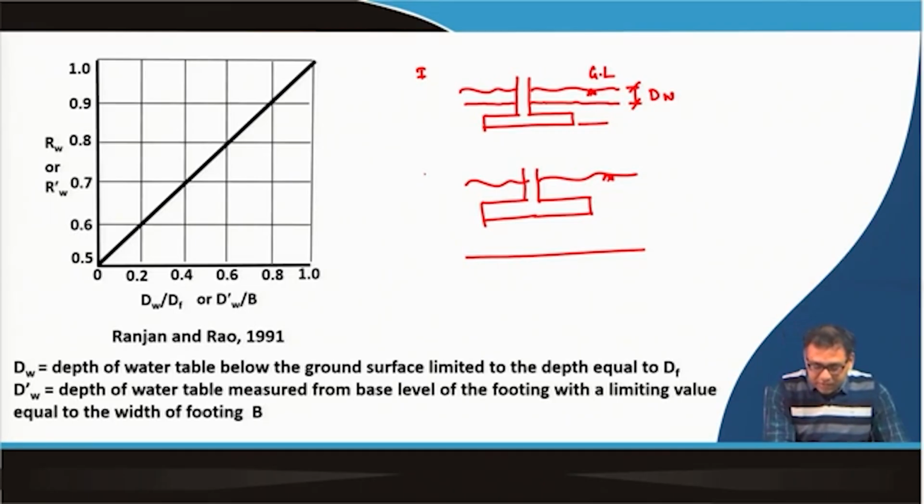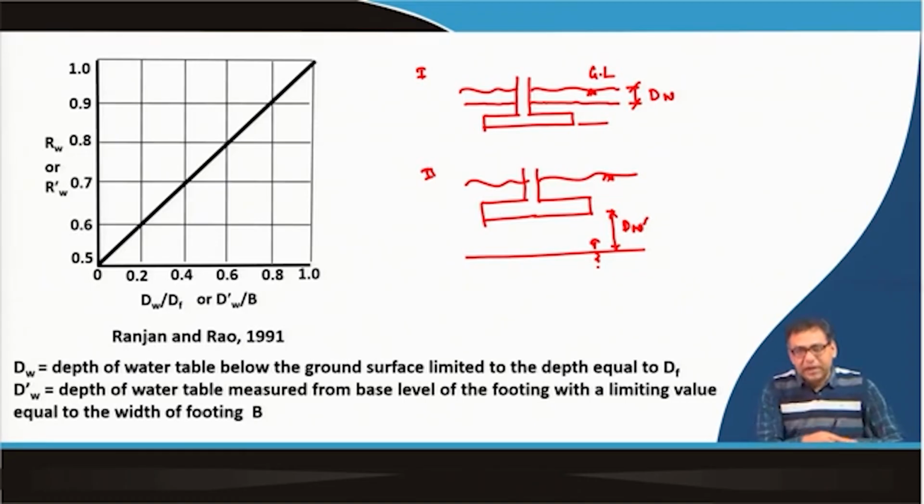So, in case 1 the water table is above the base of the foundation, and in case 2 it is below the depth of foundation. Now, here this is Dw dash. In the first case Dw is a certain value and Dw dash will be equal to 0.